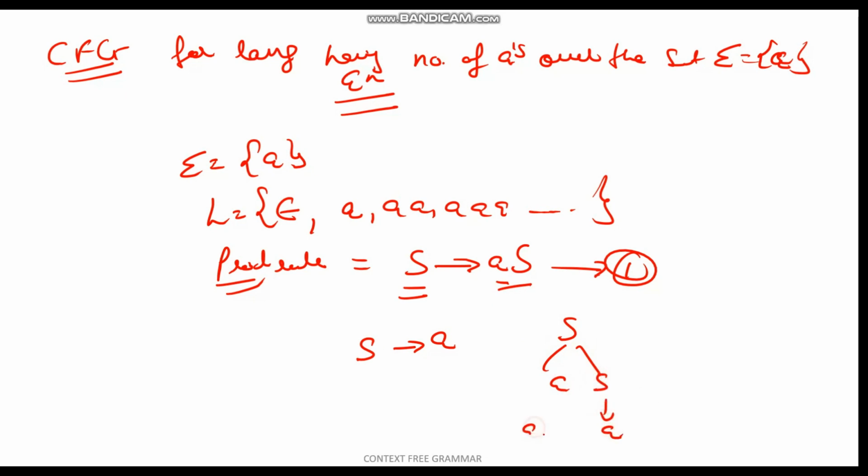If we want to generate two a's or three a's, then we will start from S, and this S can be further expanded as per requirement. So this is how we can generate this particular language for any number of a's using this production rule.